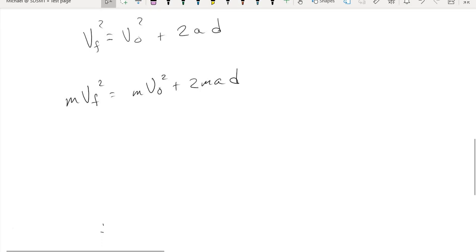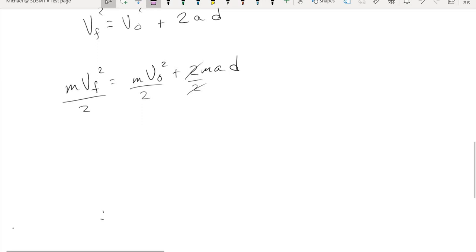The next thing I'm going to do is I'm going to go through and divide through by this 2. And why are we doing that? Well, why not? As long as we do the same thing to both sides of the equation, we maintain the equality. But as I do that, right here, I get 1/2 the mass times the velocity squared.